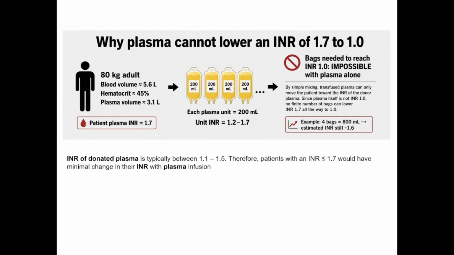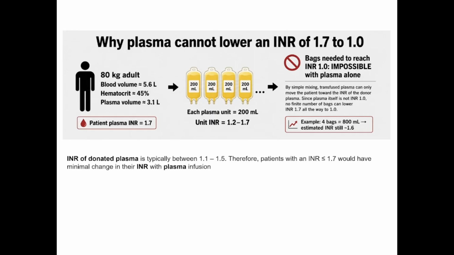So why can't plasma lower an INR of 1.7 to 1? Because an average 80 kilogram adult has a blood volume of 5-6 liters. The plasma volume is 3.1 liters. Each unit of plasma is about 250 mL, and each unit has an INR of 1.2 to 1.7.